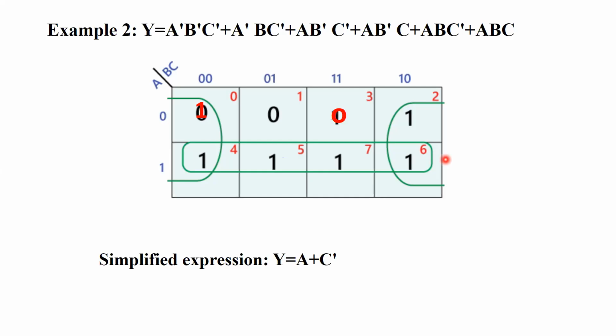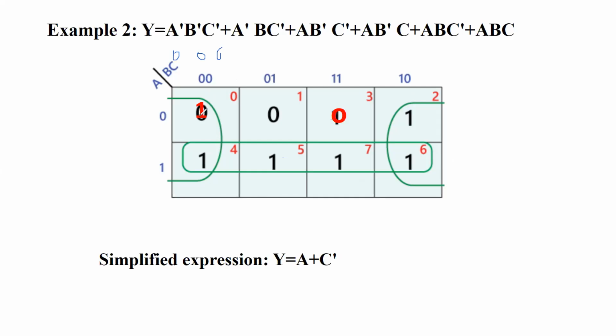Now what will you do? For A dash B dash C dash, that is 0, 0, 0. 0, 0, 0 is present over here, so I can enter a 1 over here.